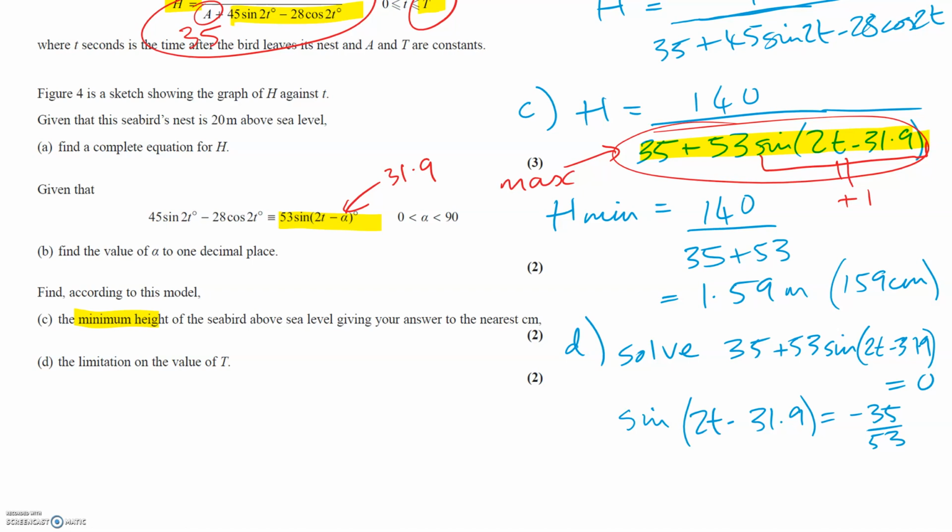Do inverse sine and you'll get 2t minus 31.9 equals minus 41.9. Remember, we're in degrees, not radians. Now that isn't very good. That isn't much use, because when we add this and divide by 2, that will give us a negative value.